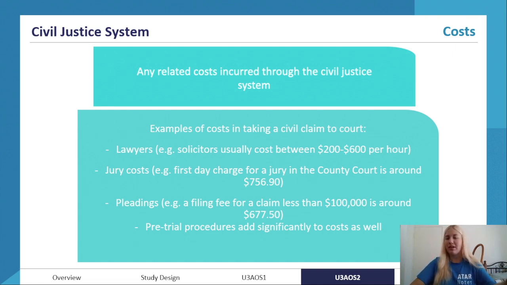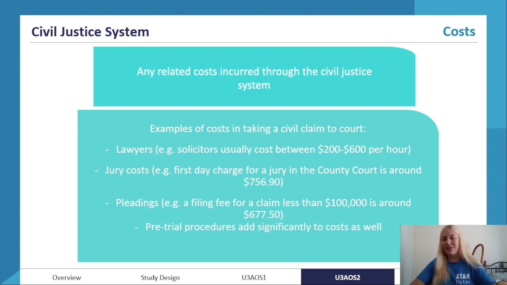So that would be the defendant, because the defendant was found liable, in this example. An adverse cost order makes the party that was found to be in the wrong pay money to the other party to try to cover their legal fees. The problem is it doesn't cover all the legal fees.